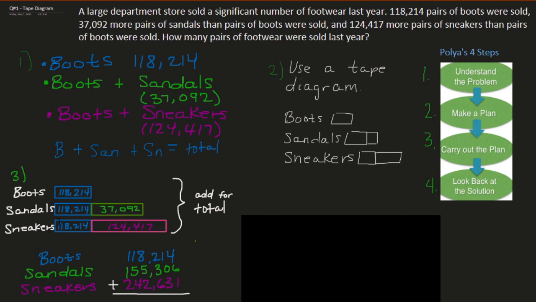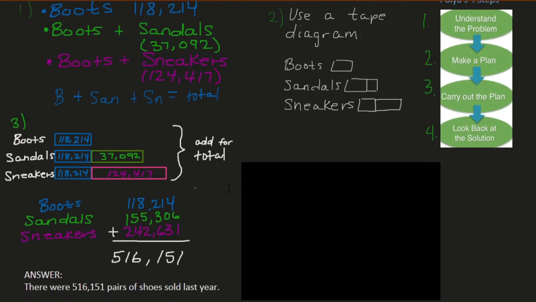With our sneakers, it's going to be our blue block for our boots with an additional 124,000 for our sneaker number. Now when we do the addition for all of this, because as we know, we need to add them all together to get our total number of footwear for the entire year, we need to add them all together.